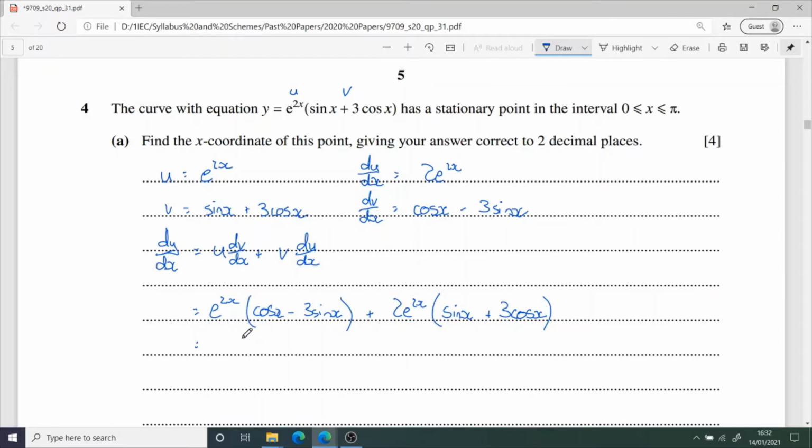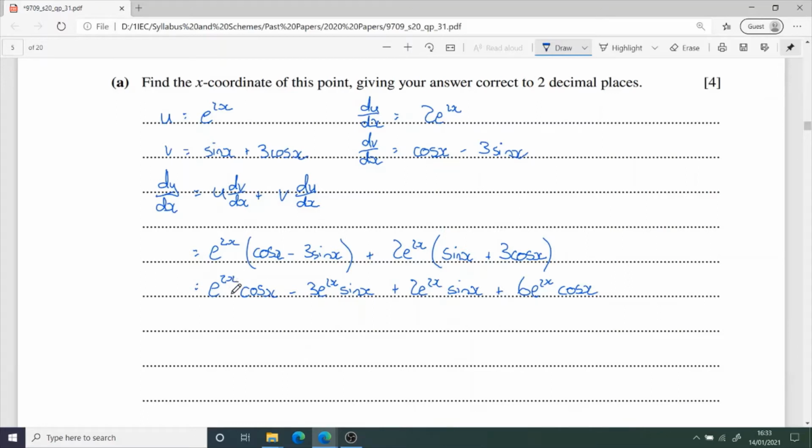Okay, let's simplify this a little bit. It's probably easier to simplify by maybe expanding first. So let's do e to the 2x cos x minus 3e to the 2x sin x plus 2e to the 2x sin x plus 6e to the 2x cos x. Collect our like terms.